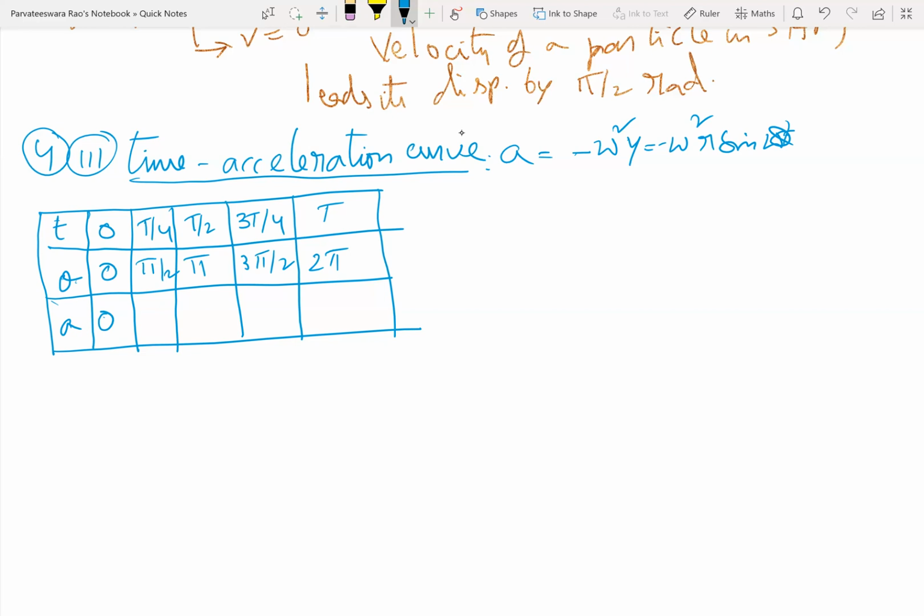Sine 90 is 1, so it is minus R omega square. Again sine 180 is 0, so acceleration is 0. Sine 270 is minus 1, so minus of minus plus R omega square. Again sine 360 is 0.